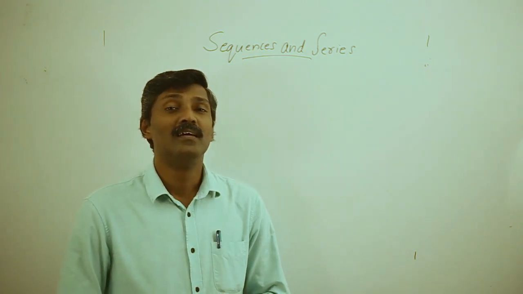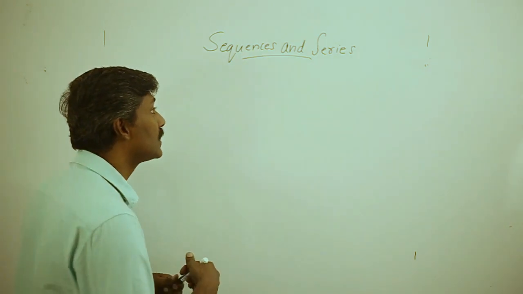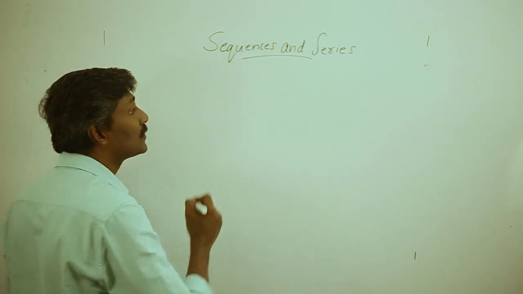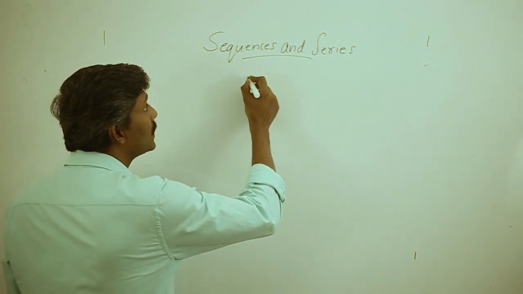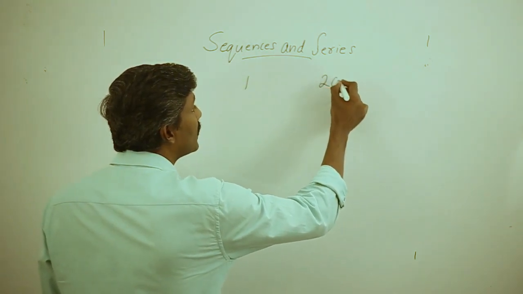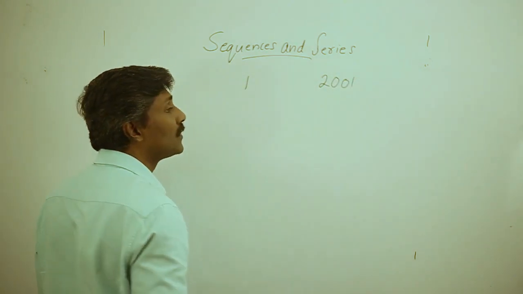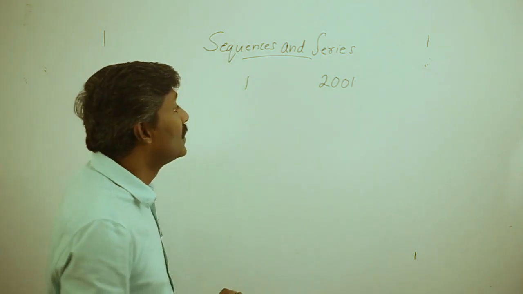Here is the first question. It is asked to find the sum of all the odd integers from 1 to 2001. It's a problem in your NCERT textbook.